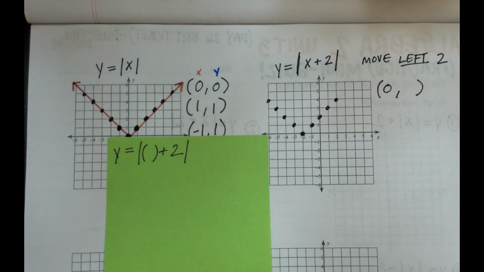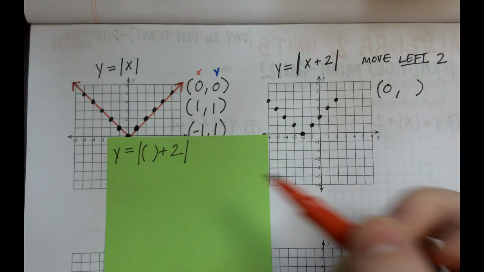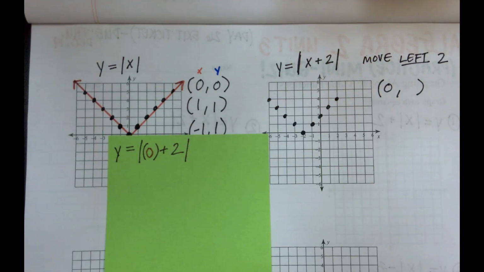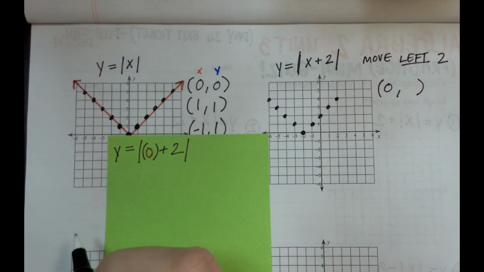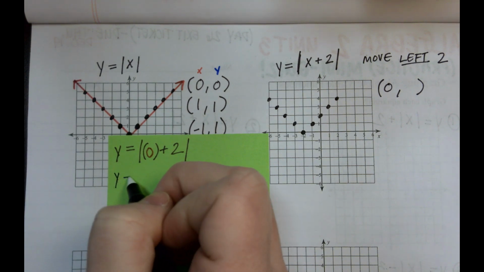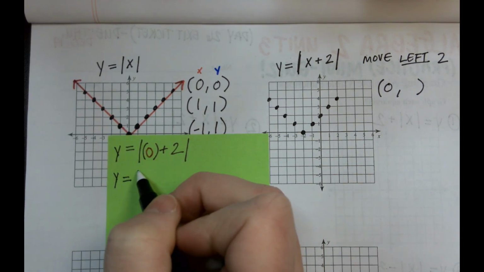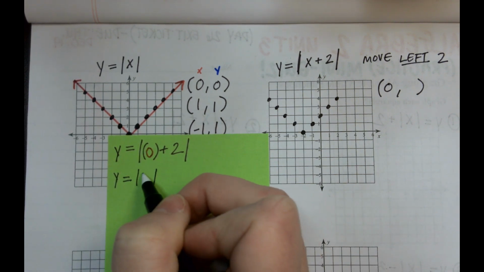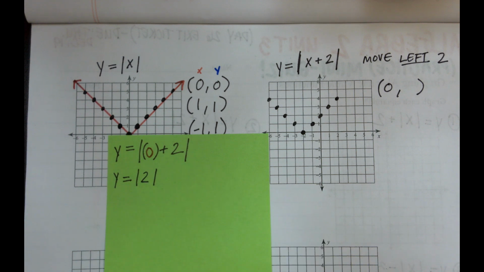What x value are we using? 0. So if I plug 0 into my equation, what happens here? We get 2. Yeah, 0 plus 2 gives us 2.